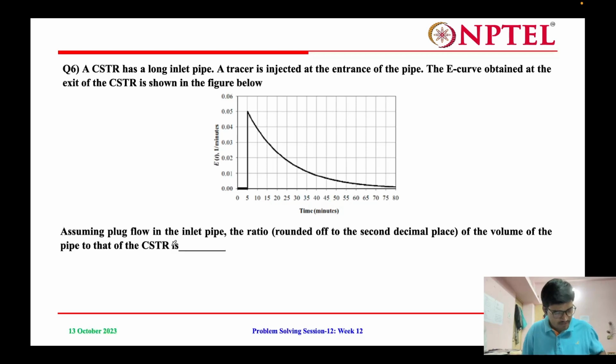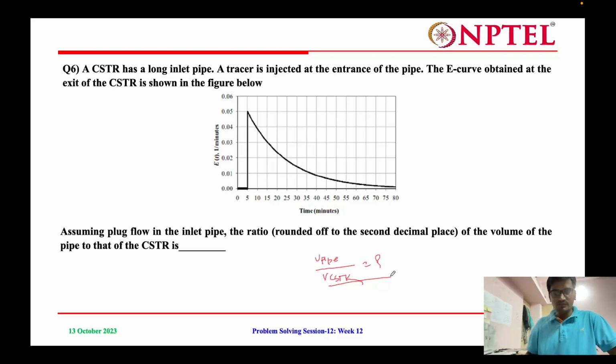So here we have to calculate V pipe versus V CSTR. So 1 by tau CSTR is this 0.05, right?